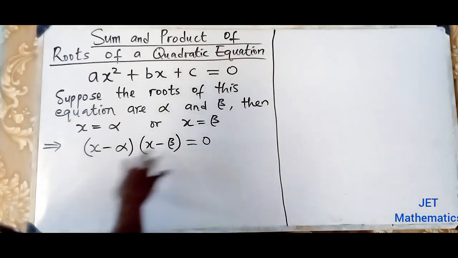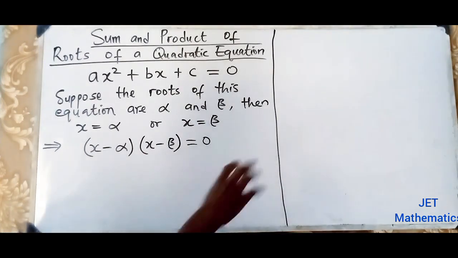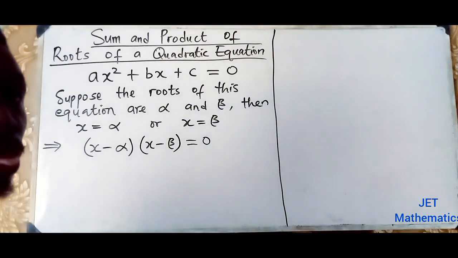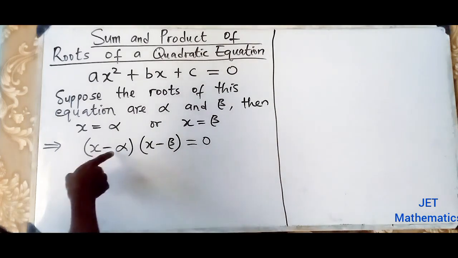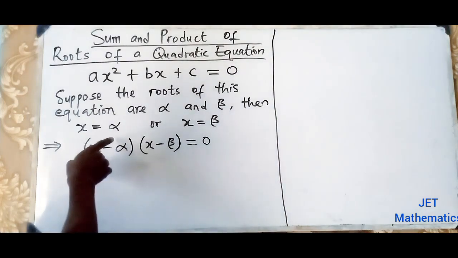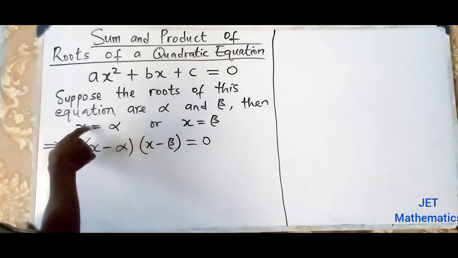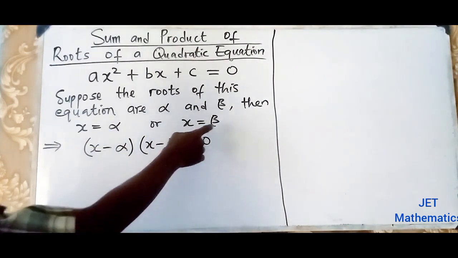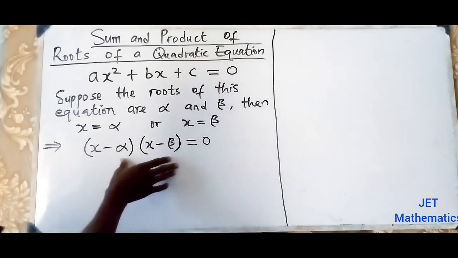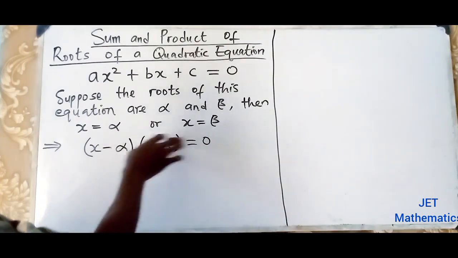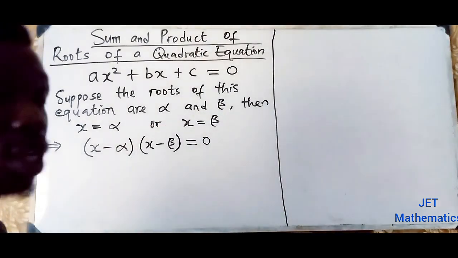So with this we can expand and get a general equation. So how do we obtain x minus alpha? When you take alpha this way, it becomes x minus alpha. When you take beta this way, it becomes x minus beta. The product of these two is equal to 0. That gives us the roots of the quadratic equation.